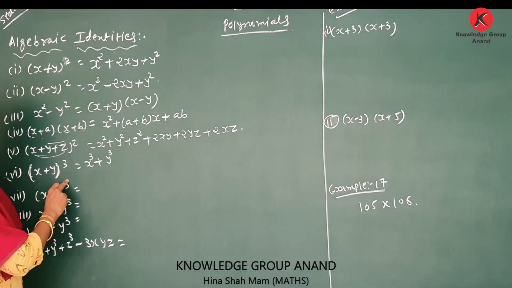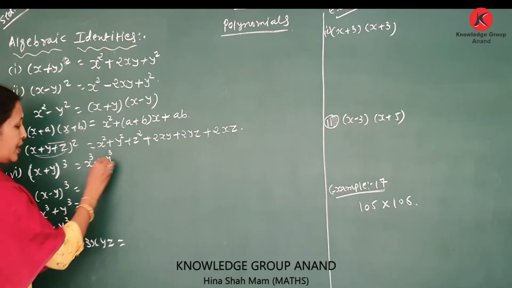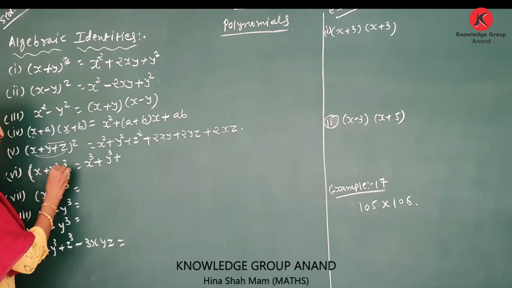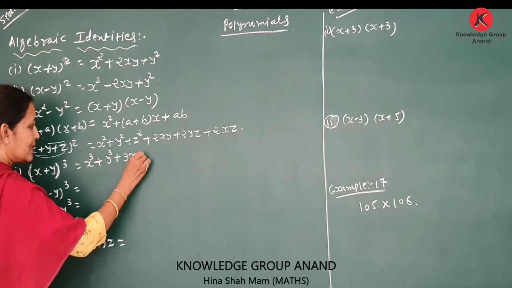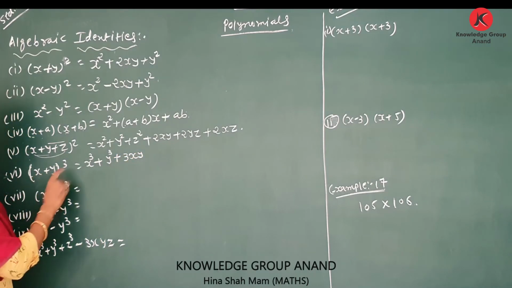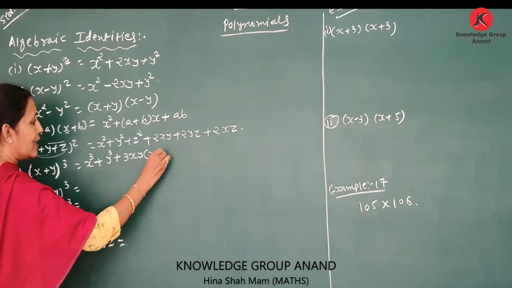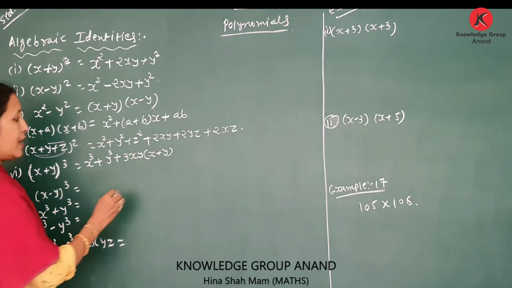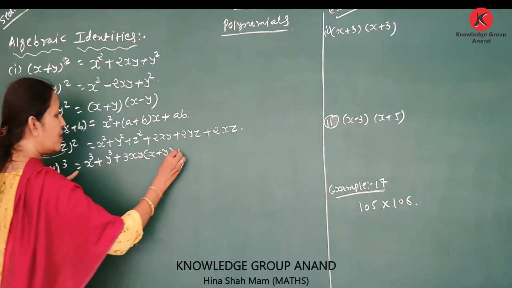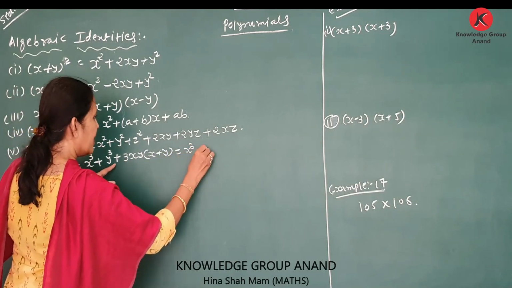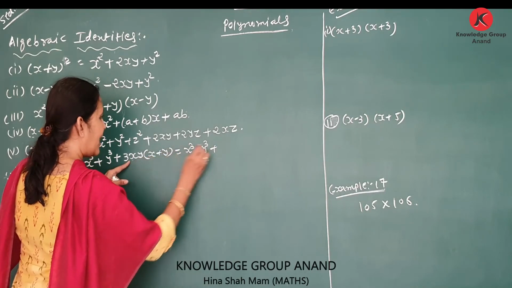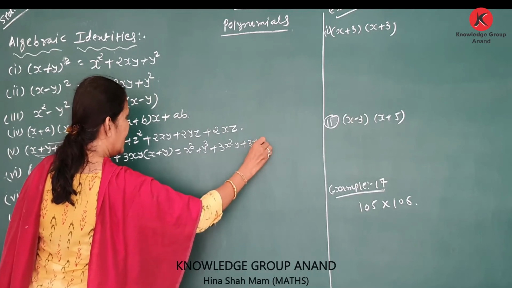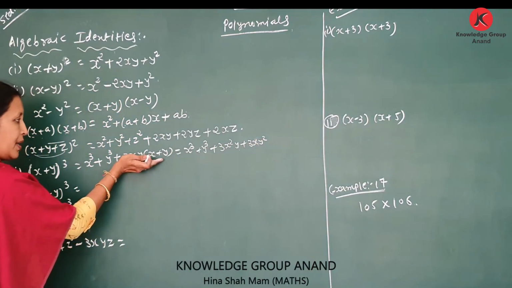First we write both terms cube, then putting plus, the multiplication of these three terms: 3 into x into y, then write bracket (x plus y). Otherwise you can write x cube plus y cube plus 3x square y plus 3xy square. It is expanded. Now we remember these terms.